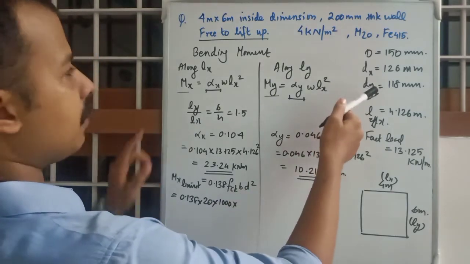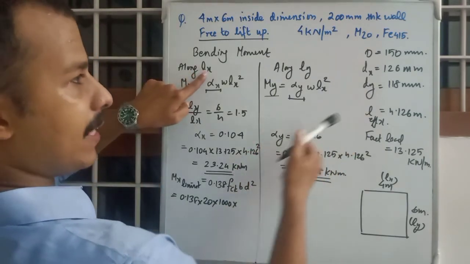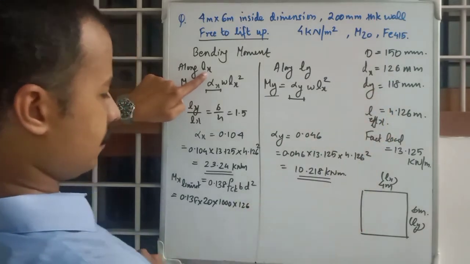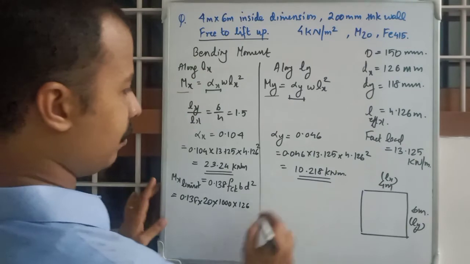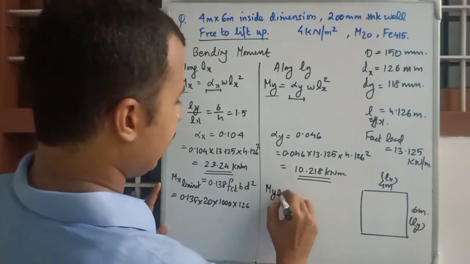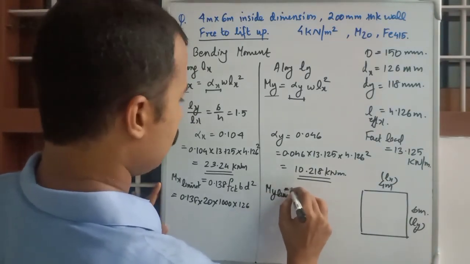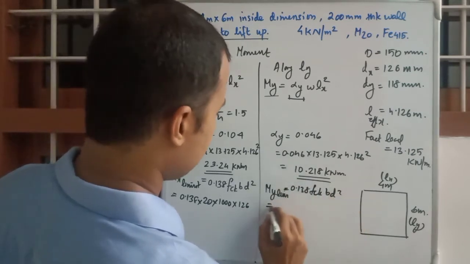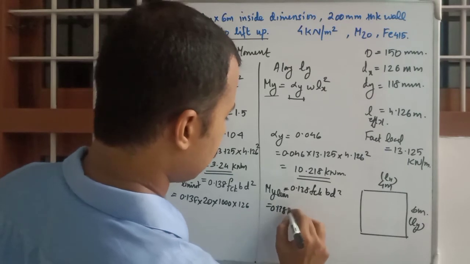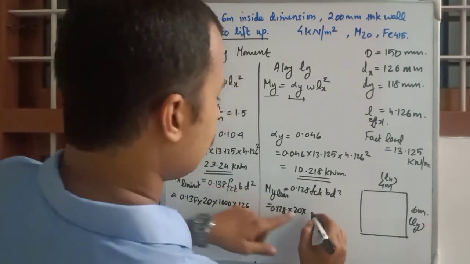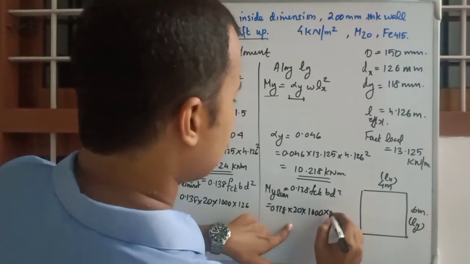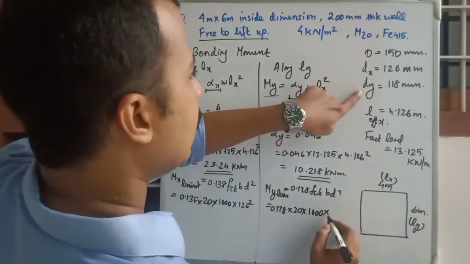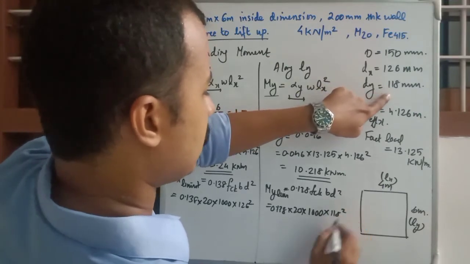We are calculating along Lx, so dx, that is 126. Okay, same thing, My limit is equal to 0.138 fck b d square, 0.138 into 20 into b is again 1000, d square is dy, 118 square.